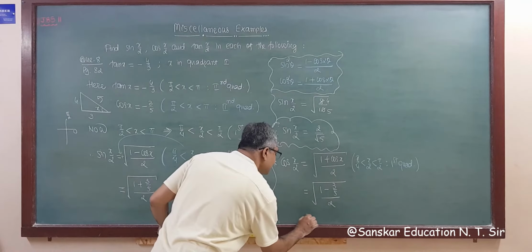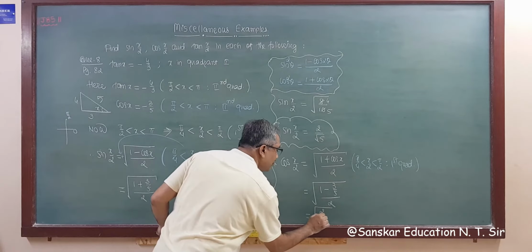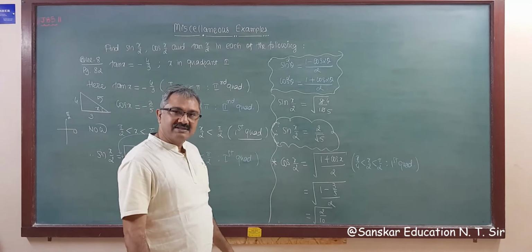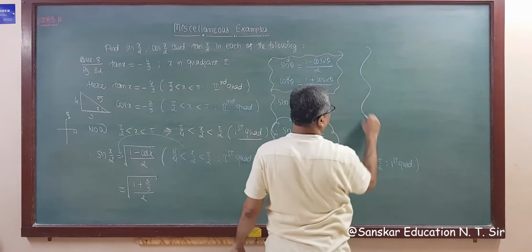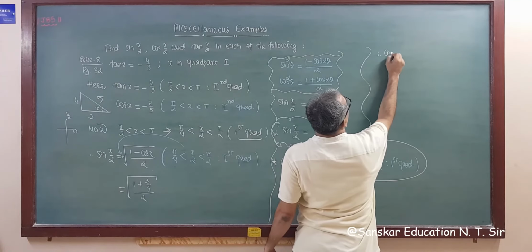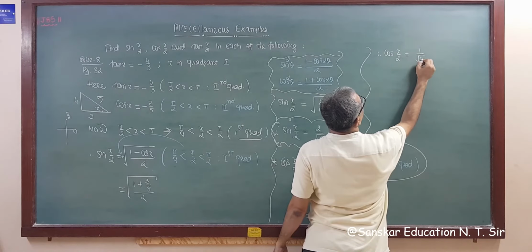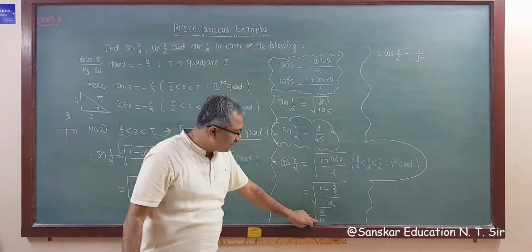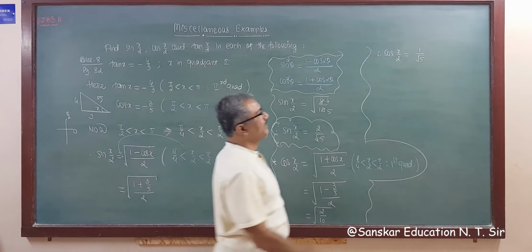So this is the square root of 5 minus 3 is 2 divided by 10, that is 1 upon 5, that is 1 upon root 5. Therefore cos x by 2 is equal to 1 upon root 5, because this is 1 upon 5, 1 upon root 5, right?